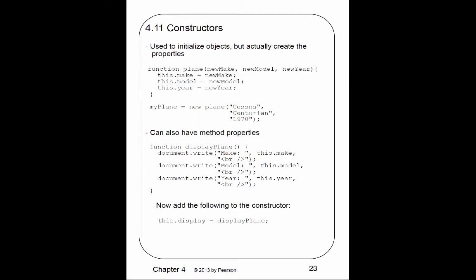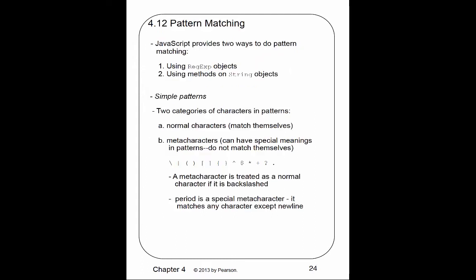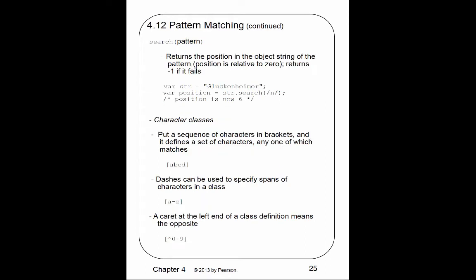Constructors, right? So I'm not going to say too much about constructors here, except to say that you can create new objects in JavaScript if you need to. Pattern matching using regular expressions, we'll see examples of that in another video. So you can search using regular expressions and so on.